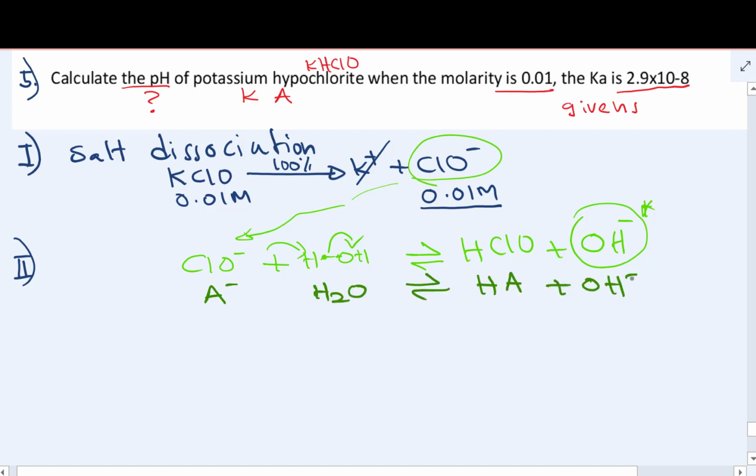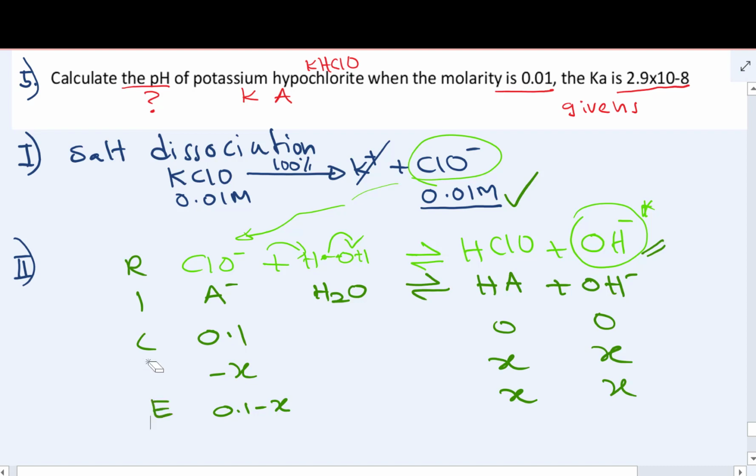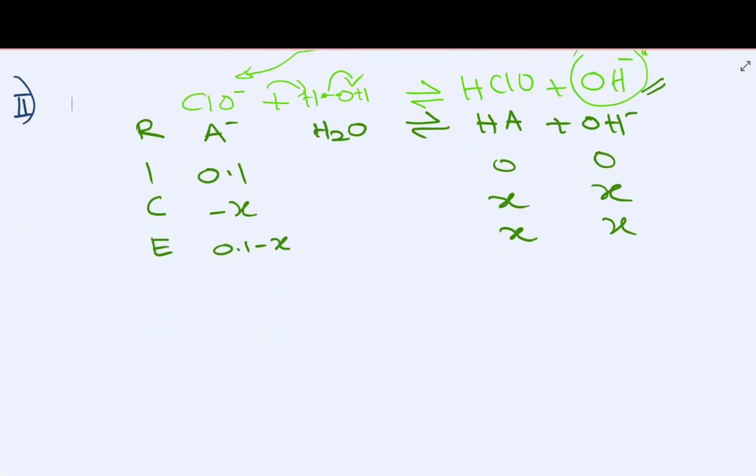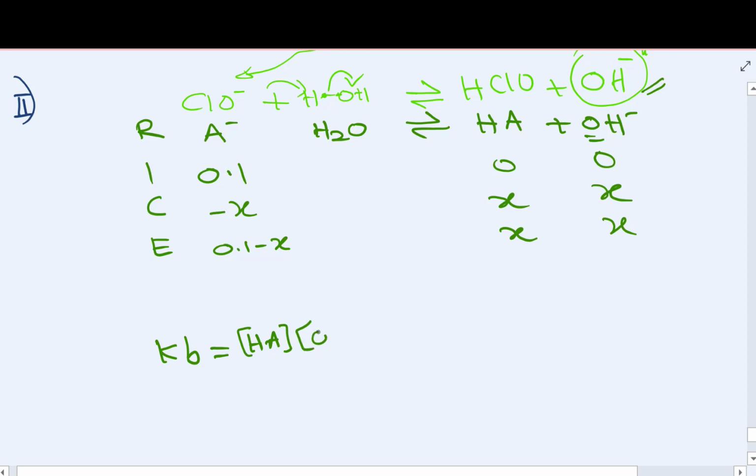Now, the magic here, the OH minus, okay? Now, 0.1, the molarity, minus x, x, x, and then the RICE table as normal, right? Yes, so you are writing the Kb because of the OH.